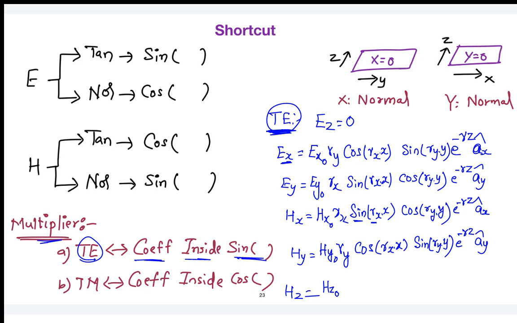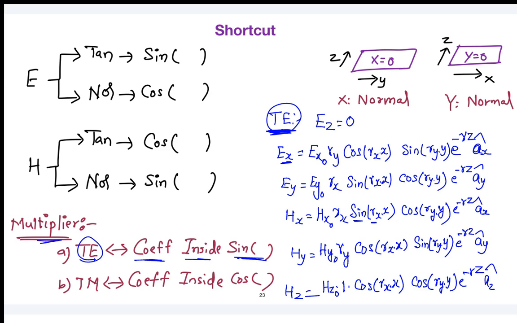So HZ is tangential in this case, that is cos gamma x into x, and there also it is tangential, then again it will be cos gamma y into y. Correct. Since there is no sine term, you can assume the multiplier is 1. So there will not be any multiplier. That's it.